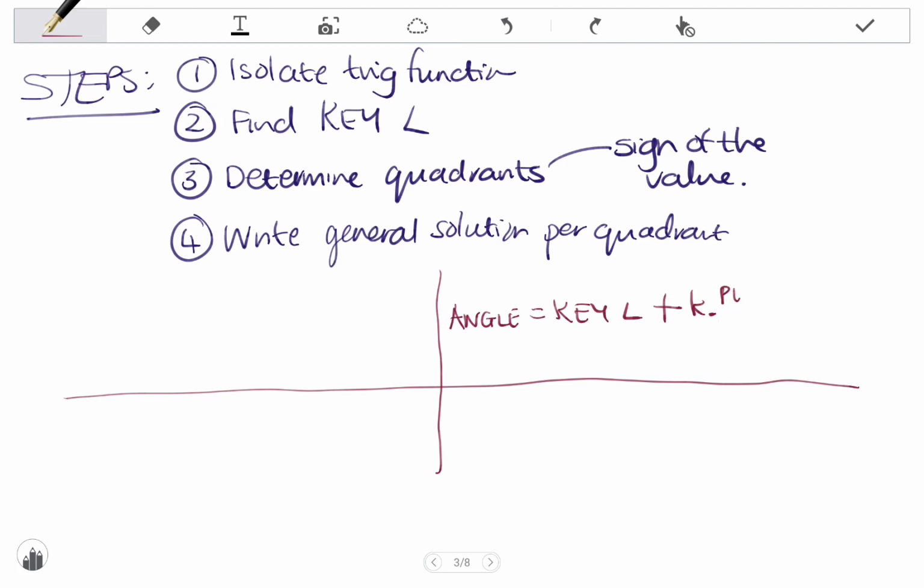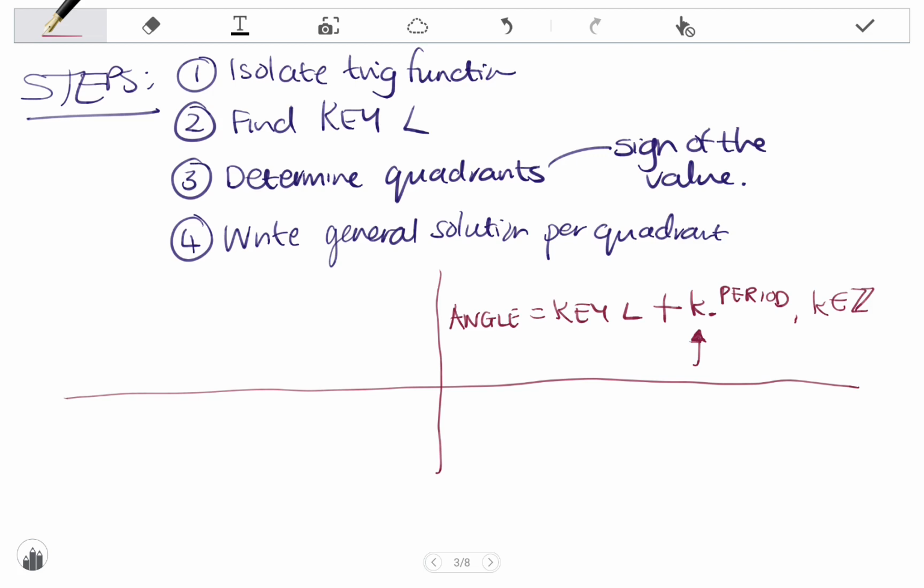So k times the period, and remember that a tan graph has a period of 180 degrees, where the sin and cos graphs have periods of 360 degrees. And then we say that k is an element of integers. That means that if I were to substitute values in place of k to find specific solutions, I can only substitute integers.